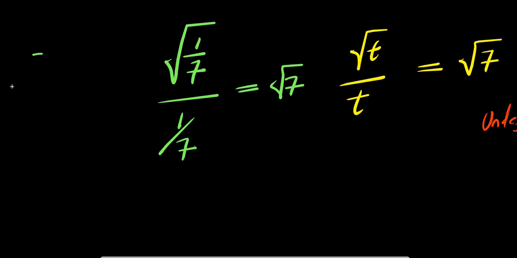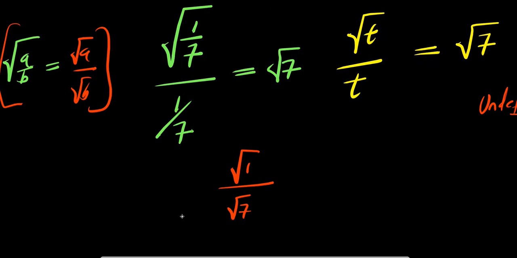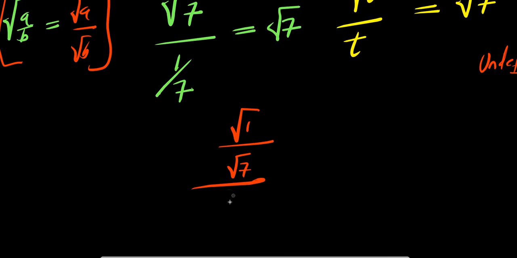Now, if you have square root of a divided by b, this equals square root of a divided by square root of b. So this will give us square root of 1 divided by square root of 7, and this is divided by 1 over 7. Would this give us square root of 7?